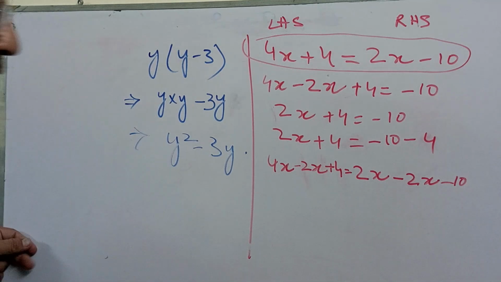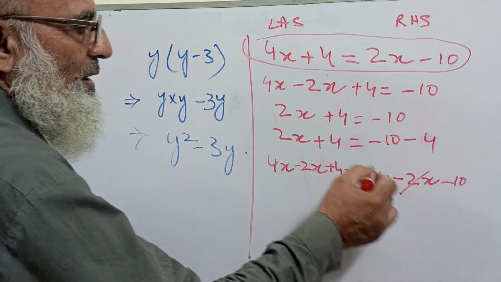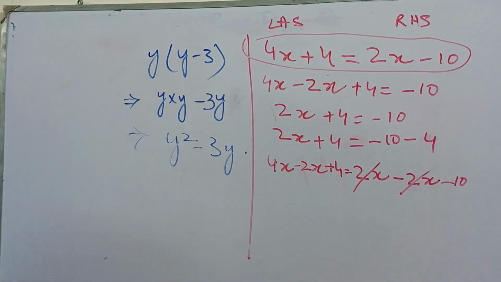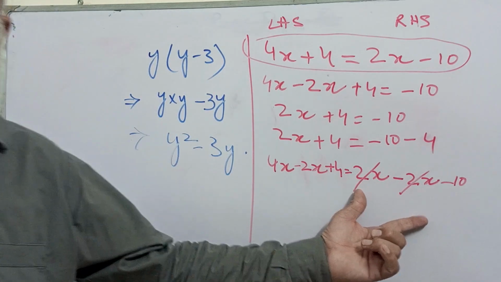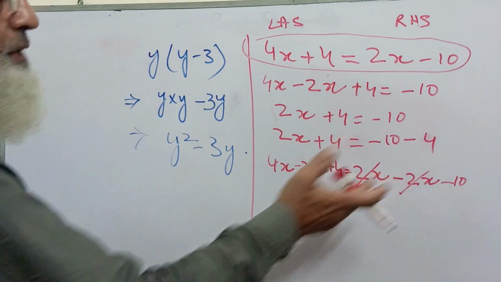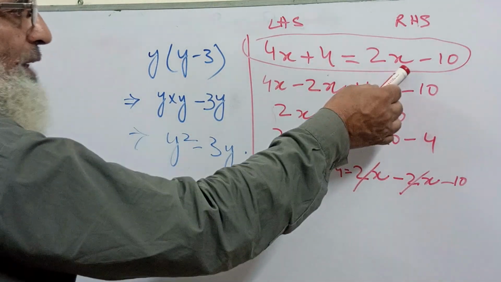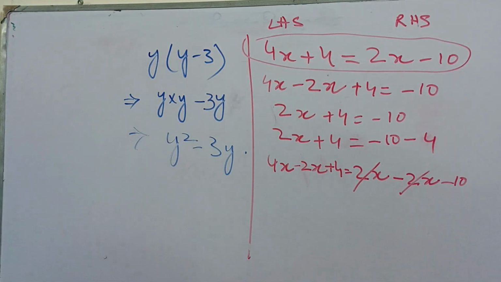Now what is the result of this subtraction? This is 0 now. Equal quantities, different signs, so this will become 0, and we have shifted this x from the right side to the left side.